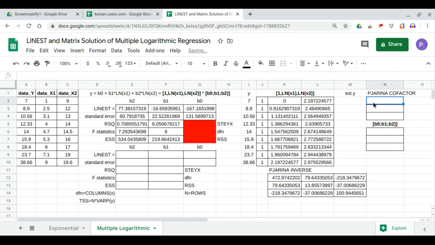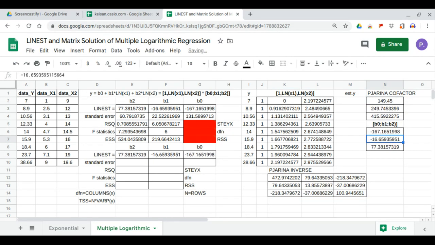Then we calculate the pre-cofactor, which is MMULT of the transpose of the 1, x matrix and the y values, the transformed y values. Now we can calculate the coefficients, which is MMULT of the pre-inverse and the pre-cofactor.